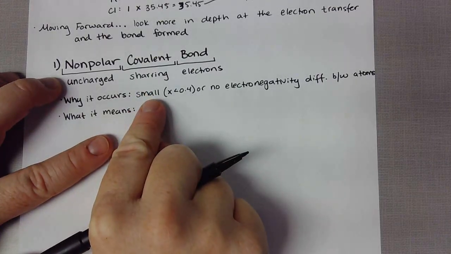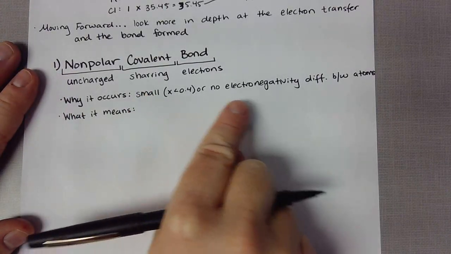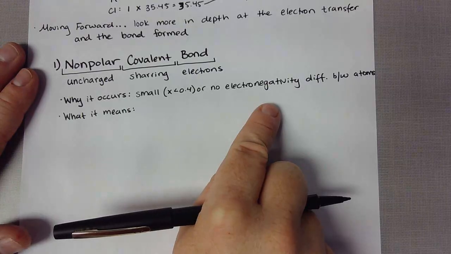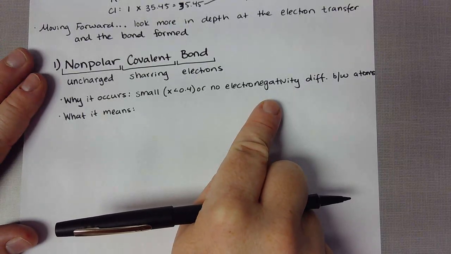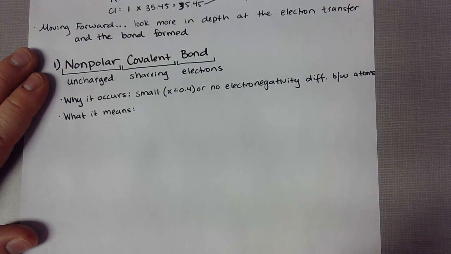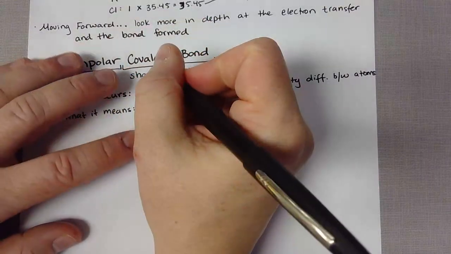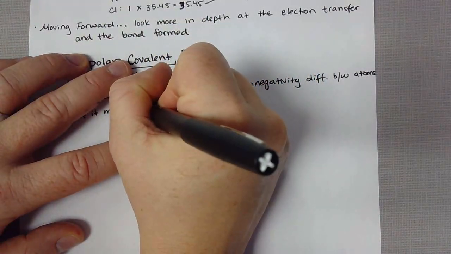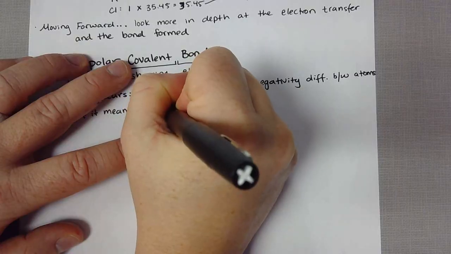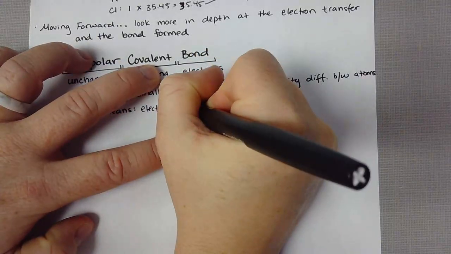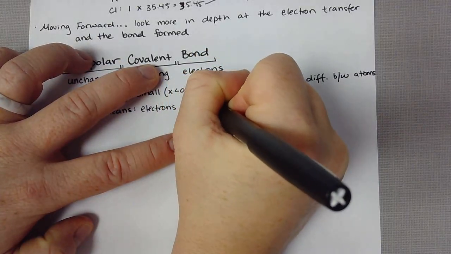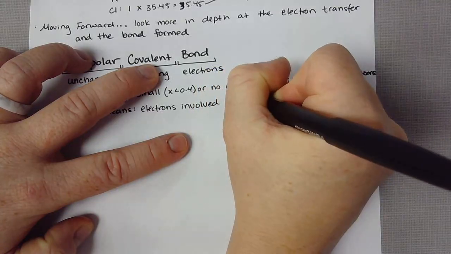What it means: since there's almost no difference, or no difference, in the atoms' tendency to take the electrons, they are going to equally share the electrons involved in bonding.